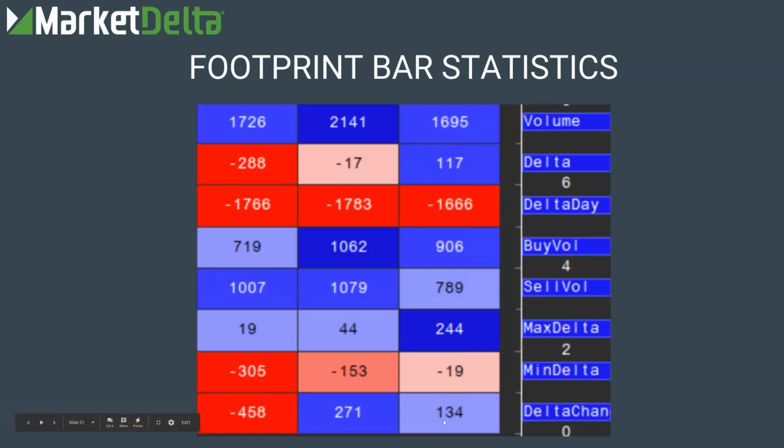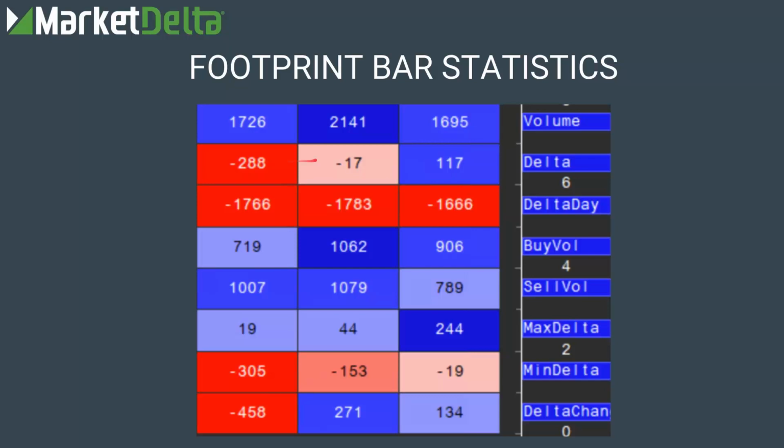And then delta change, and this is the one I look at probably the most, or it's right up there. It's the change in delta from the previous bar. Let me show you what that means, then you'll know how to read it. It says 134. Well, the difference between 117 and minus 17 is 134.